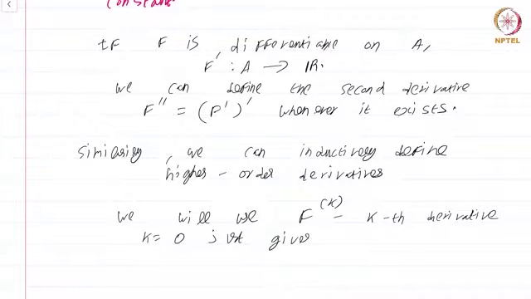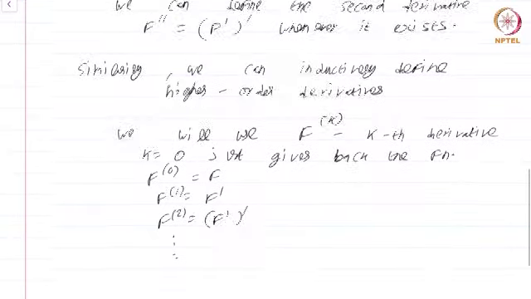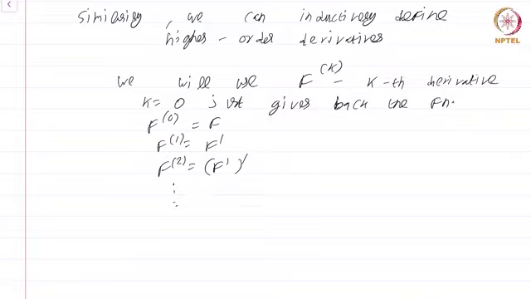This is just a convenient convention. So f^(0) is just f, f^(1) is f prime, f^(2) is f double prime, and so on. So the k indicates how many times you are differentiating the function.